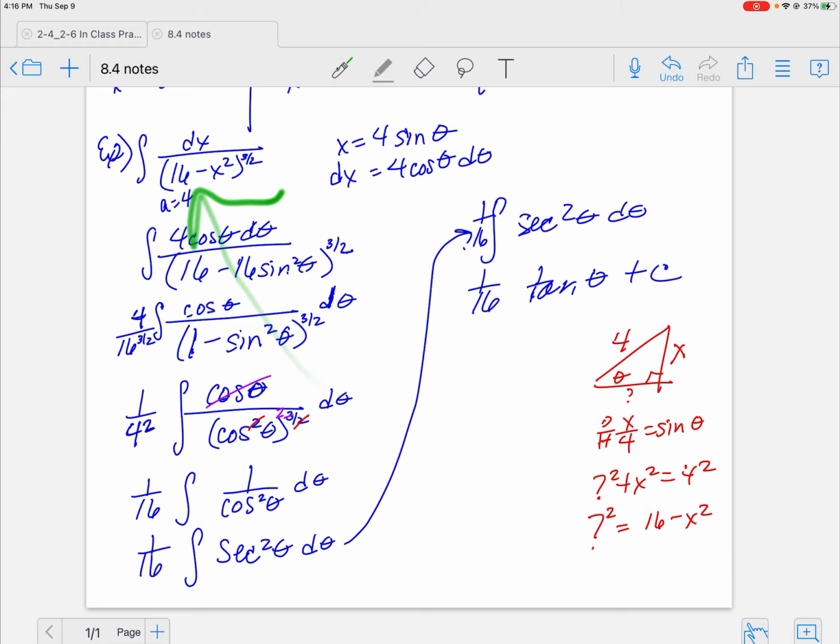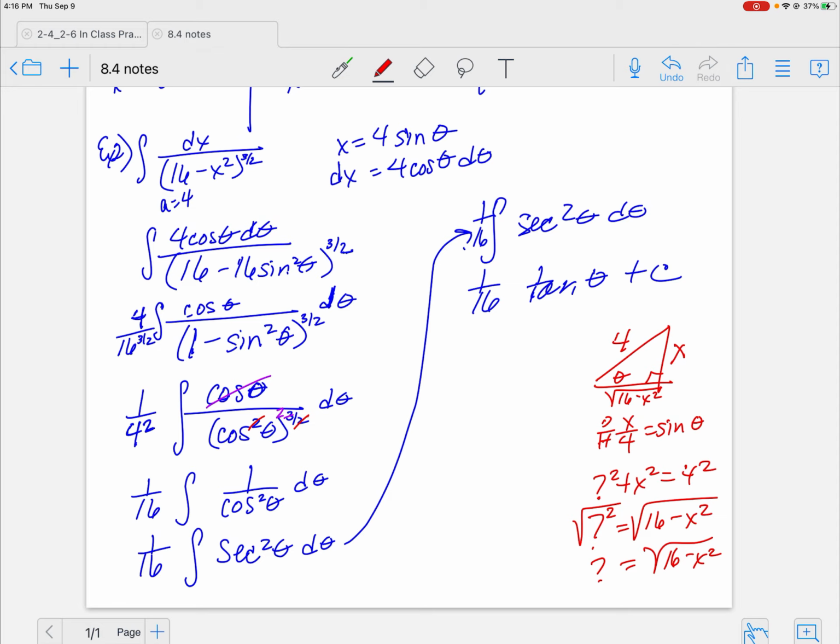And that's going to happen every single time. These are sides, so I'm not doing plus or minus. I want the principal root. So my side length is the square root of 16 minus that x squared.